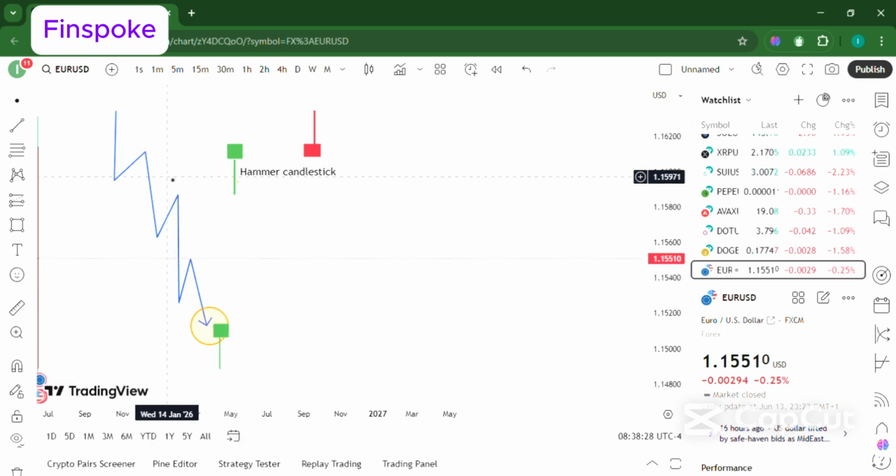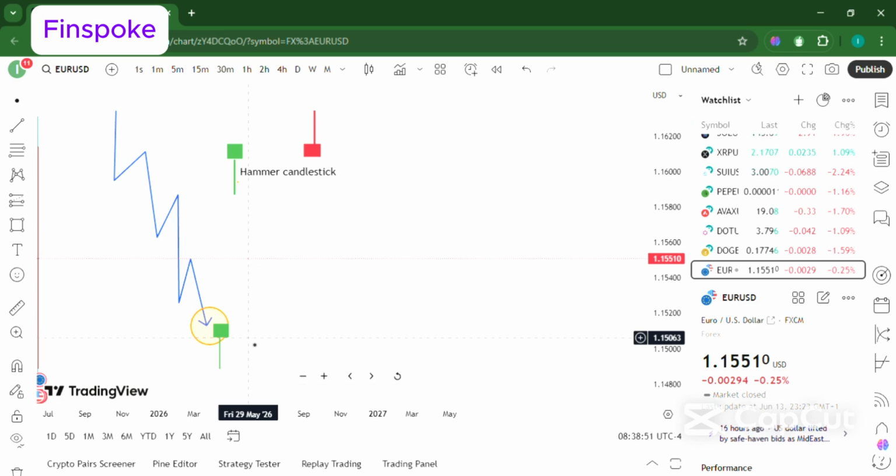So what this means is this: the price declined down to this point, and the buyers came to push the price up. At this point is where the candle closed, showing that the buyers are here.